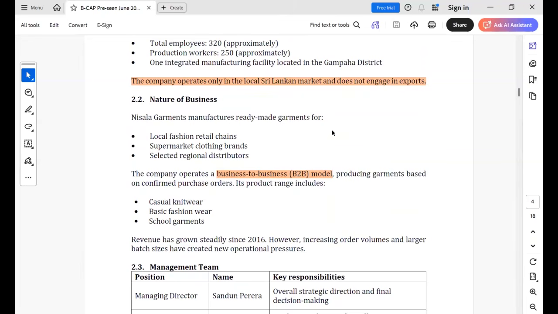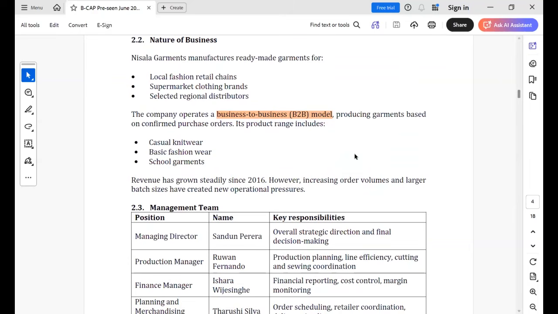Right. So their nature, they have a local fashion and retail chain. So ready-made garments, they sell to the local fashion and retail chains, supermarket clothing brands and selected regional distributors. So all are B2B businesses. Right. The company operates a B2B model based on confirmed orders, purchase orders.